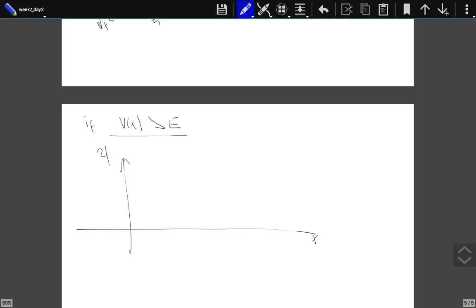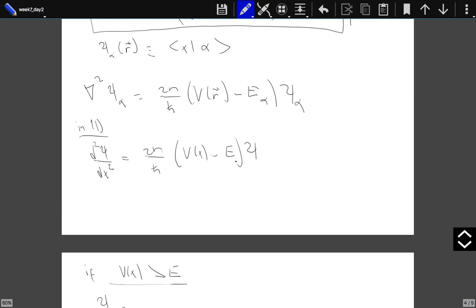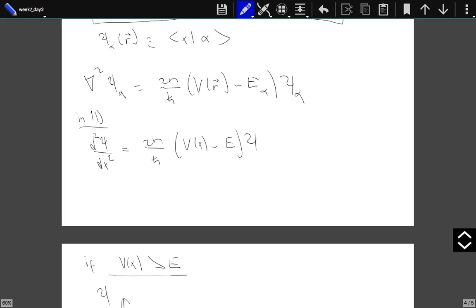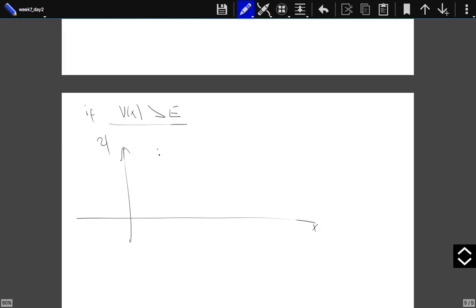Let's say this is psi, this is x, and we are looking in a region where V(x) is larger than E, so V(x) minus E is positive. It might be that psi is positive. Then the second derivative is positive, which means it behaves either like this or like this in that region.